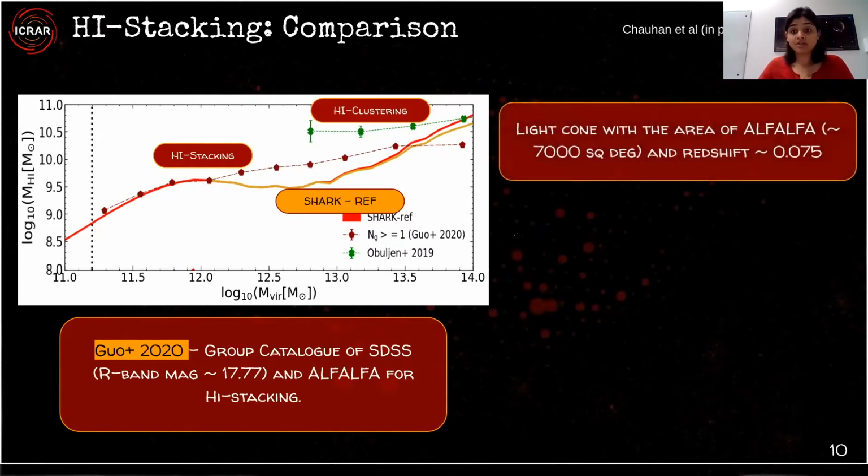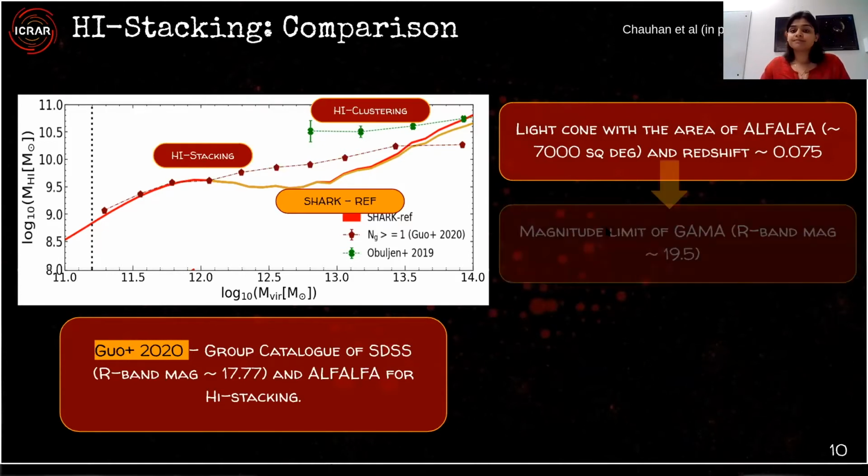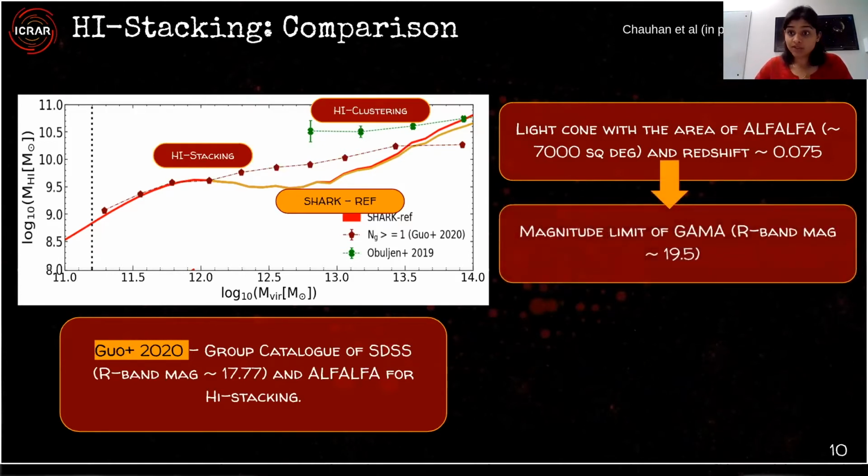So for our mock survey, we made a light cone of the area of alpha alpha because it's huge and we would get better statistics, and it goes to a redshift of 0.075. We put a magnitude limit on that mock survey, and we chose it to be GAMA's magnitude limit because the other H1 stacking technique observations that we're looking at are based on the GAMA survey. So it was better to have a deeper survey at this point.